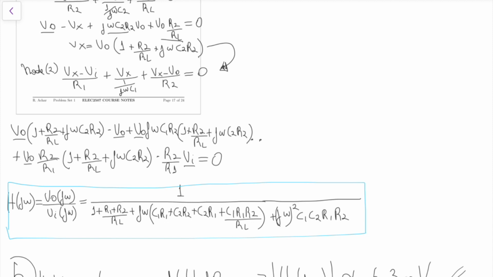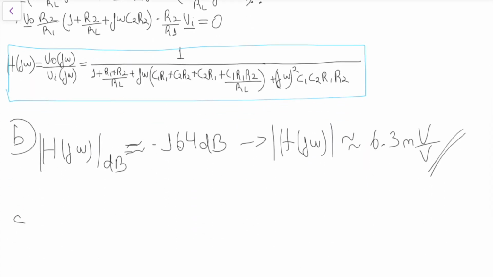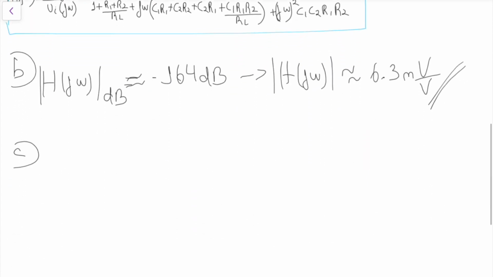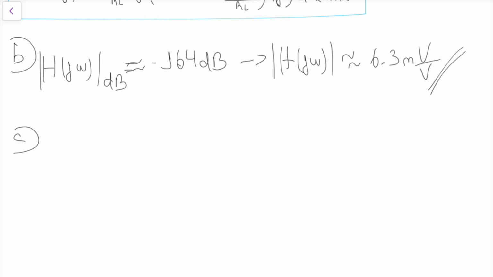Now for part C, I have picked some values. You can check those values in the solutions that we have on CU Learn. So I picked radian frequencies like 1, 10, 100, 1,000, 10,000, and 100,000 radians per second because I thought that was enough to basically describe the behavior of the function.